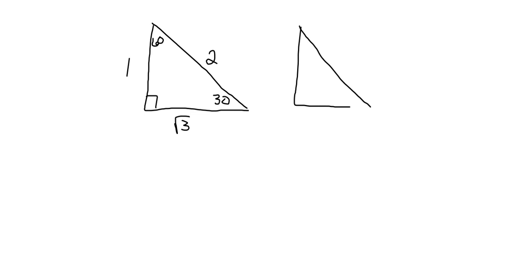This one is the 45, 45, 90 triangle, if you need it. 45, 45, 90 is 1, 1, and the square root of 2. So take a second, pause the video, rewind it. Those are the triangles again. Make sure you write them down.